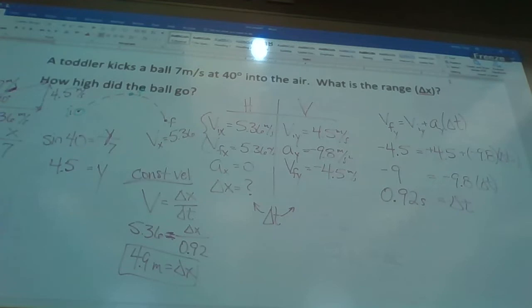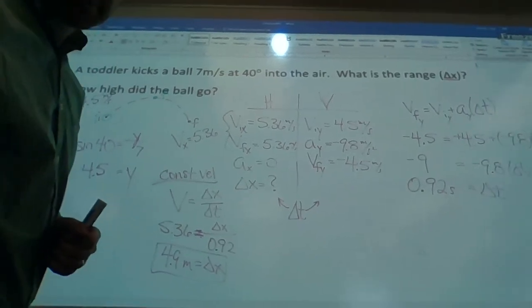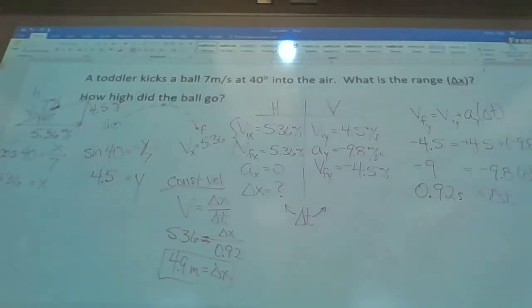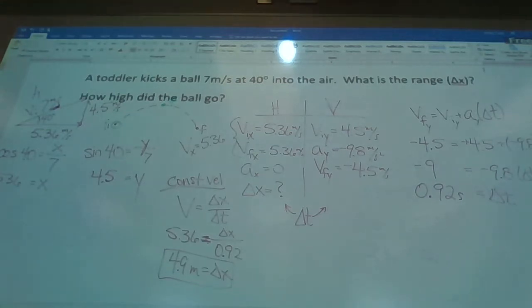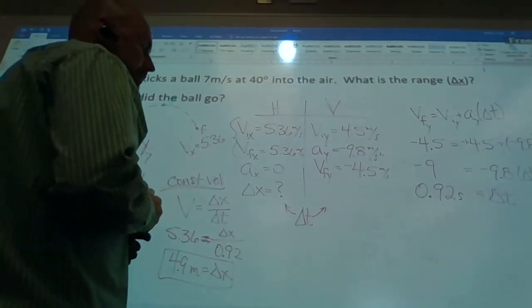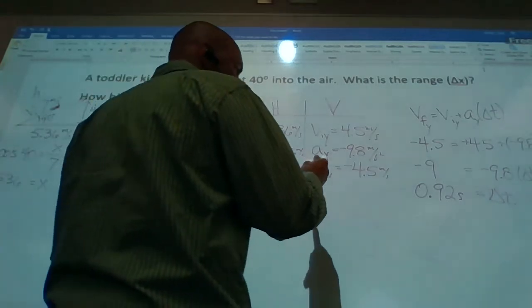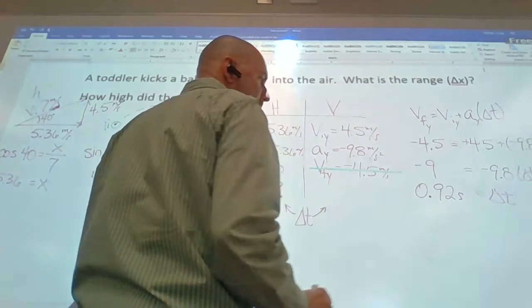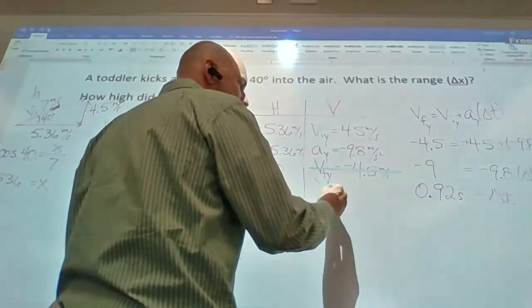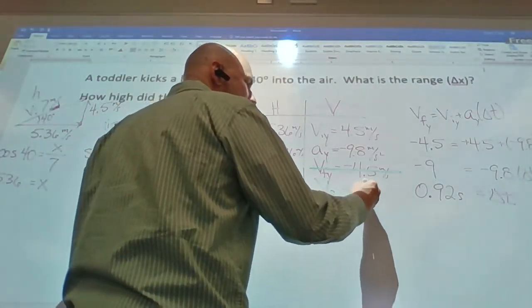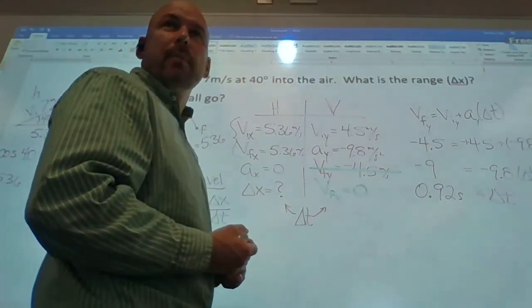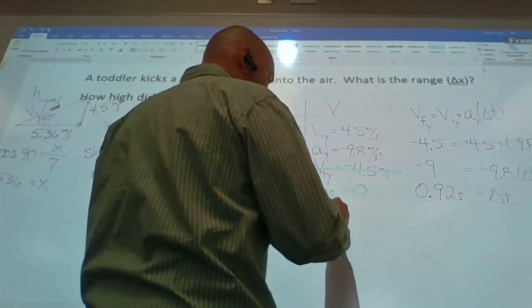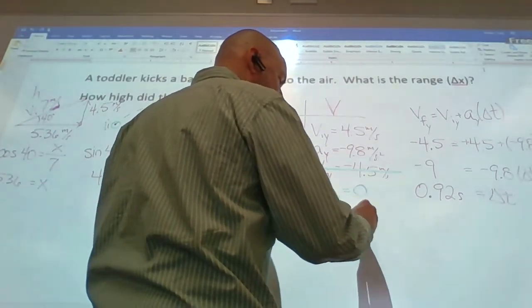Think, don't say it out loud, what happens at the highest point. You're going to make your final vertical velocity 0. And you're looking for delta y.